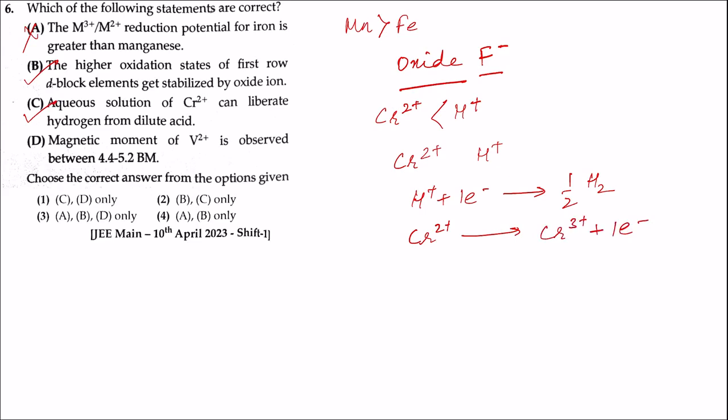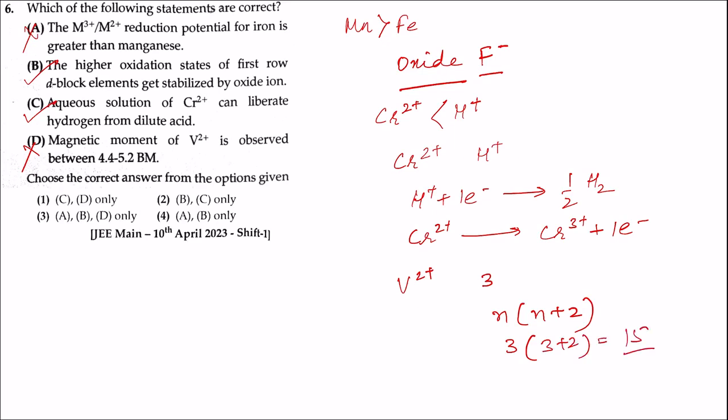D. Magnetic moment of V2+ is observed between 4.4 to 5.2. This statement is wrong. V2+ has 3 unpaired electrons. Magnetic moment formula is square root of n(n+2), where n is the number of unpaired electrons. So this is 3 times 5, and answer is 15.